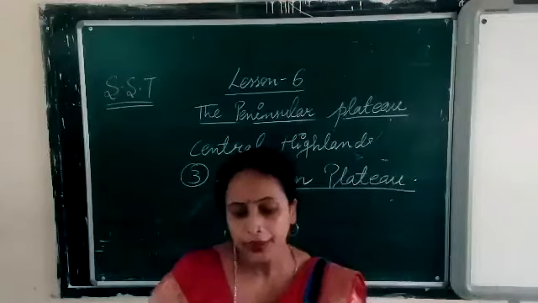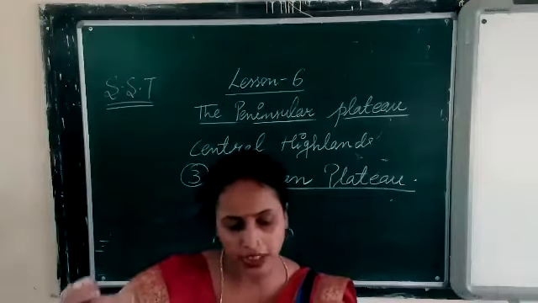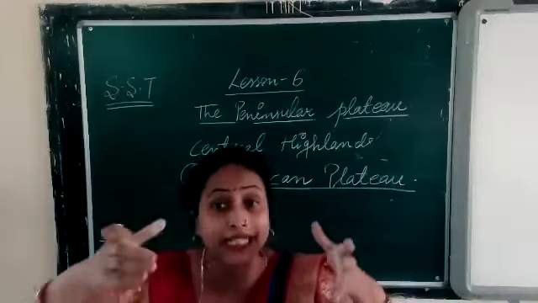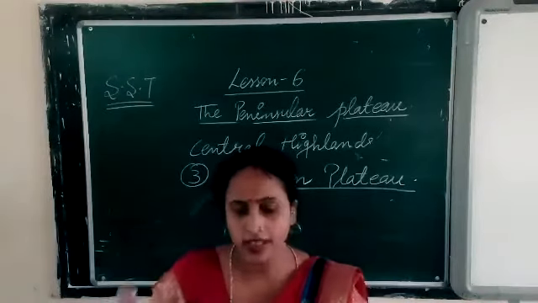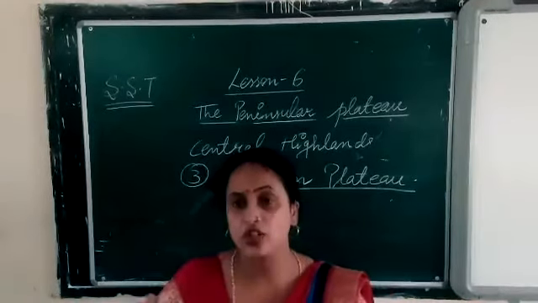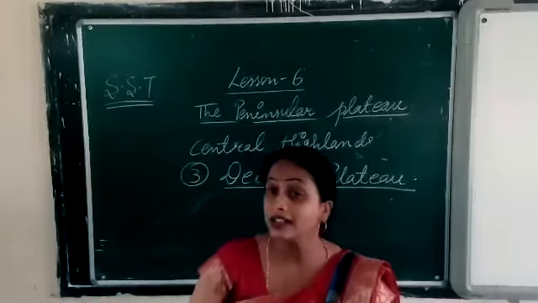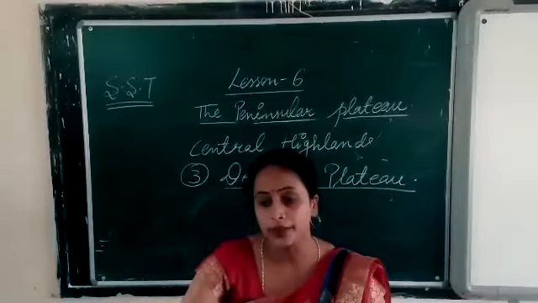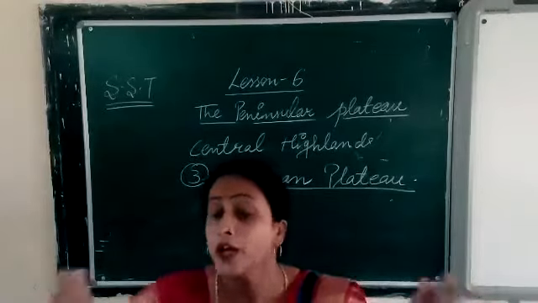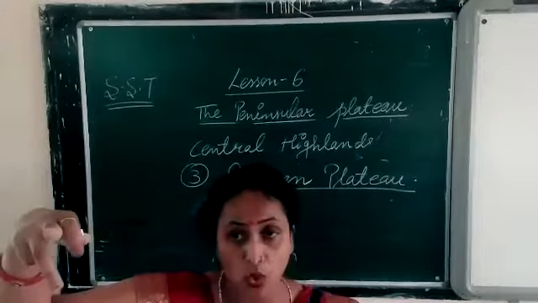Very good. Now you see here, the states which lie in the Deccan Plateau region are: Gujarat, Maharashtra, Madhya Pradesh, Chhattisgarh, Odisha, Jharkhand, Telangana, Andhra Pradesh, Karnataka, Tamil Nadu, and the eastern part of Kerala. So we are taking the whole southern part of India.